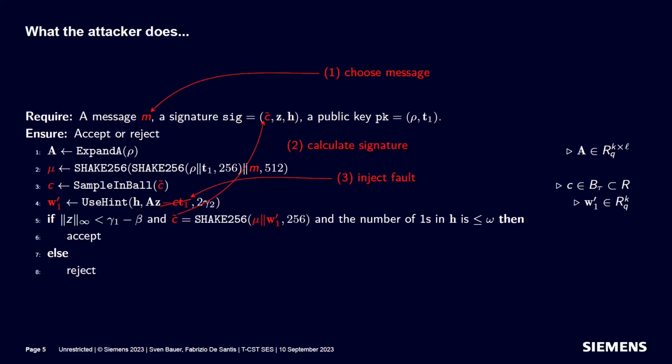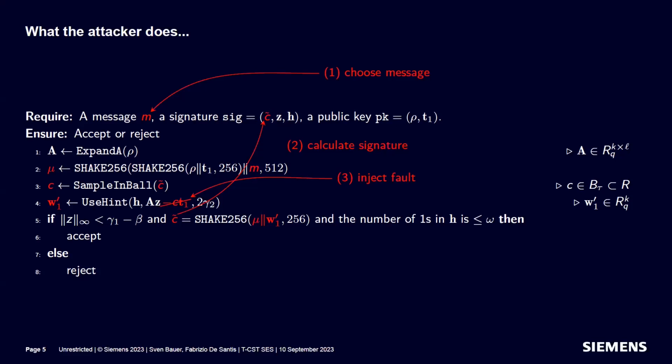So the device calculates the wrong W1 prime. It verifies this bit. That's just the same as the valid signature, so that will pass. The C tilde, the attacker has chosen so that this passes. The other conditions are also unchanged. So signature verification will pass. It's exactly what we wanted.